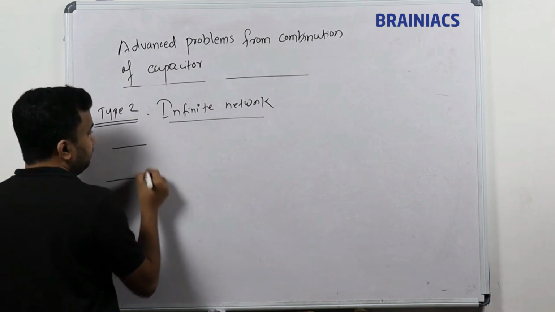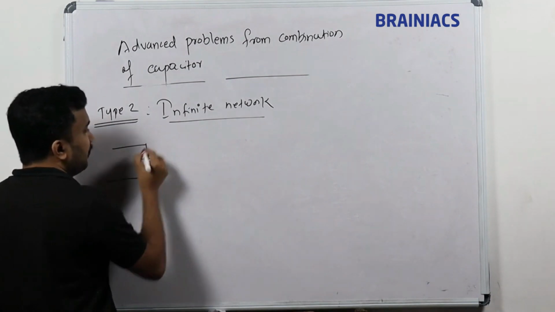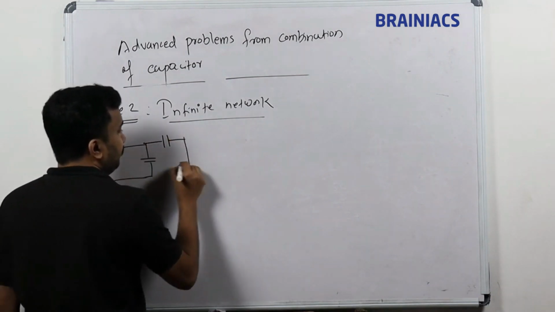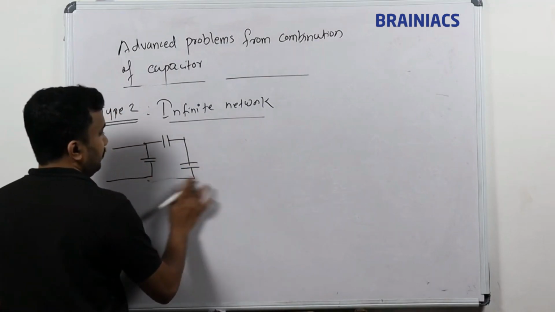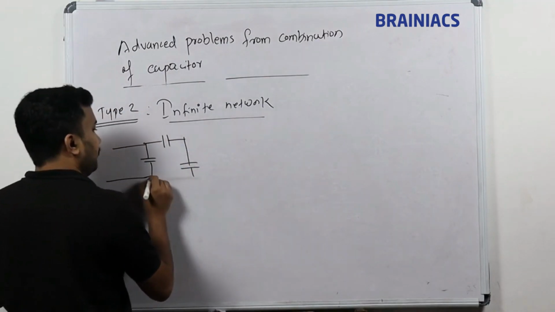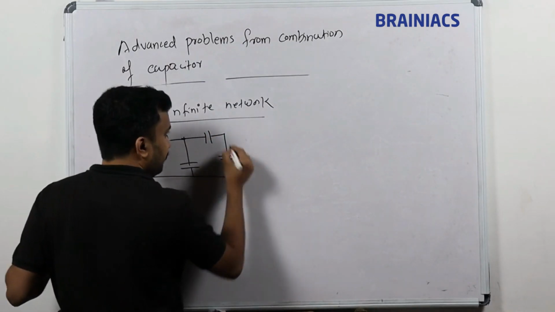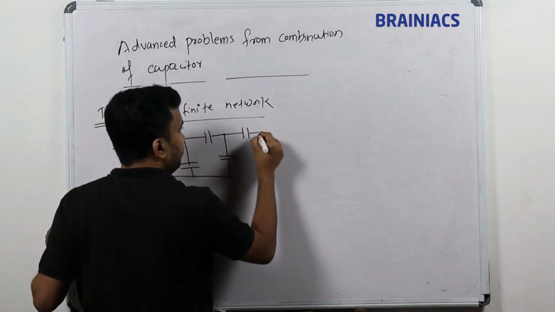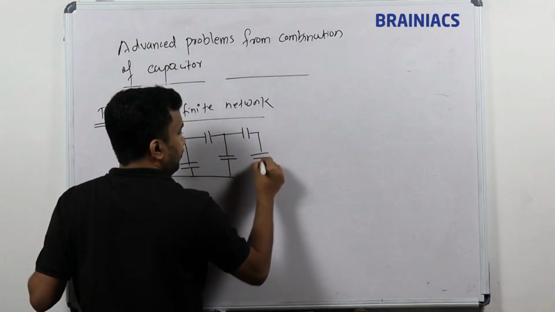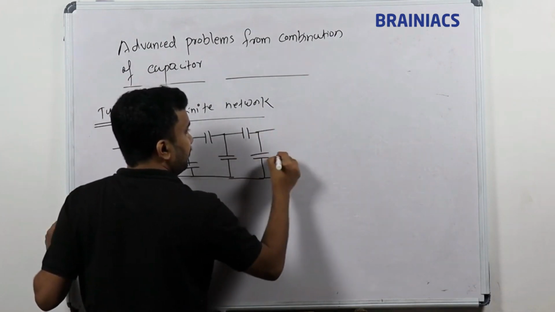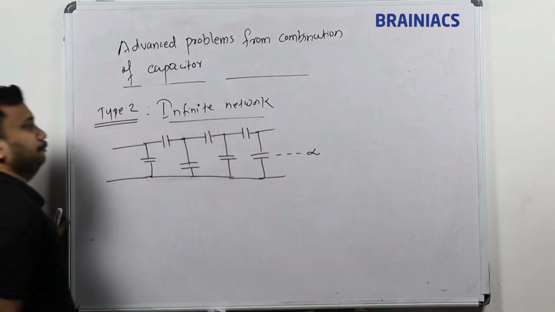Let's take an example. This is one model. I have to draw it like this, like this, going on to infinity.